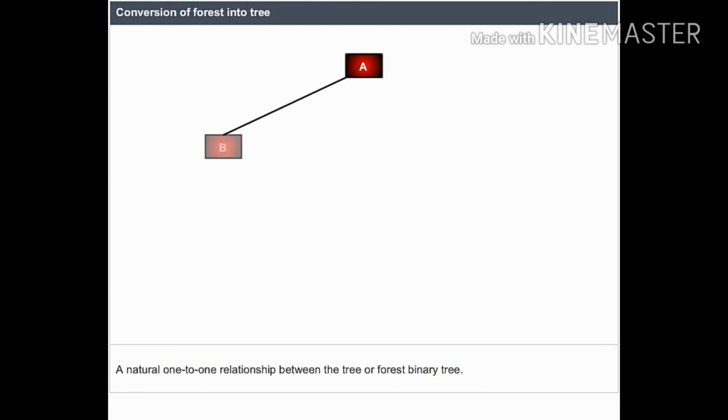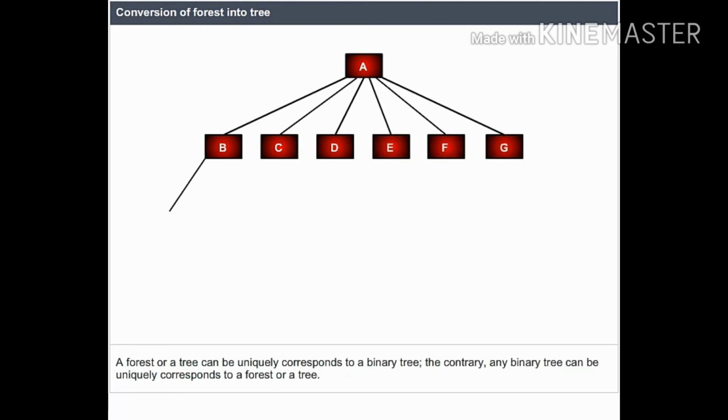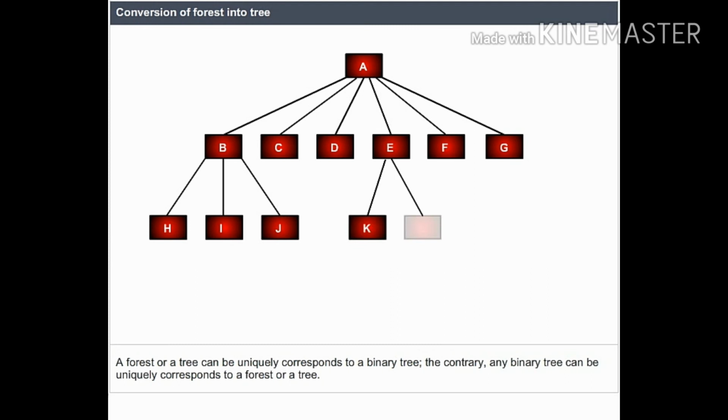Conversion of forest into tree. A natural one-to-one relationship between the tree or forest and the binary tree. A forest or a tree can be uniquely corresponding to a binary tree. On the contrary, any binary tree can be uniquely corresponding to a forest or tree.